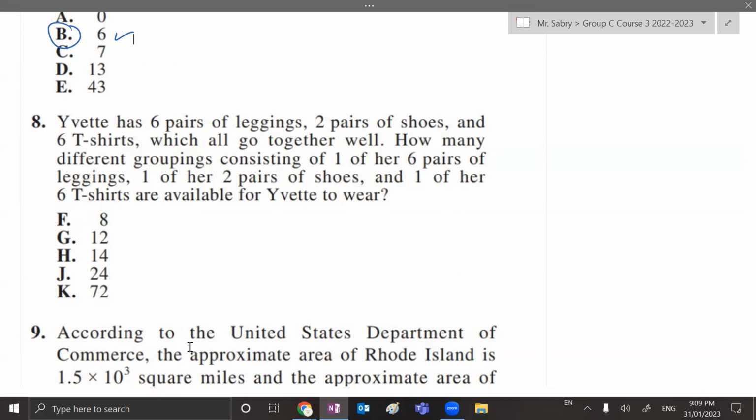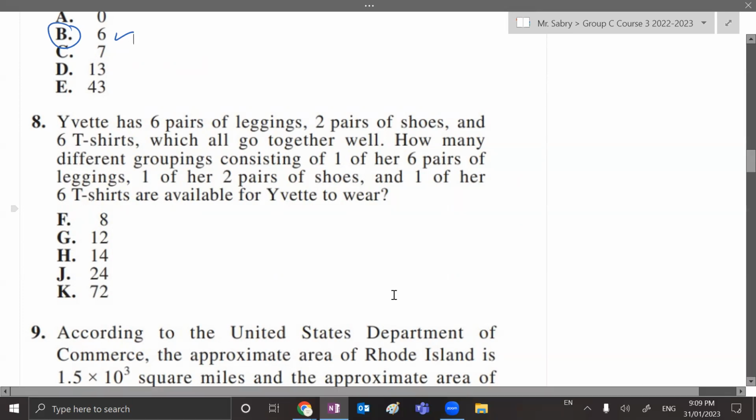So here's the thing. We did lots and lots of questions that use this exact same method, which is called the fundamental counting principle. You check how many places you're going to choose things from. So you're going to choose 1 legging, 1 shoes, and 1 t-shirt. And you're going to go for each space and add the number of possible choices that you're going to pick from.